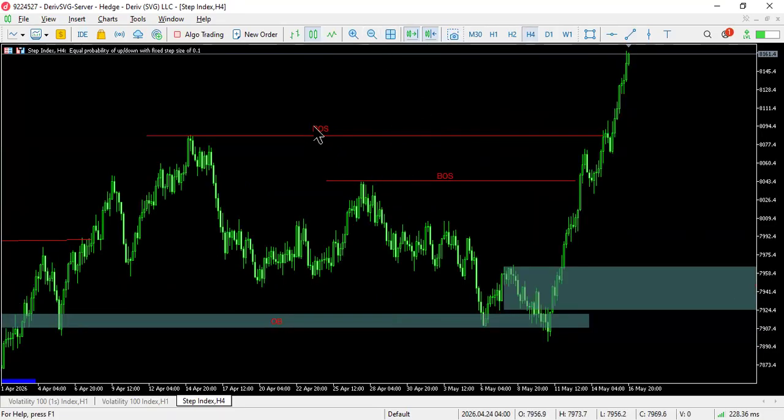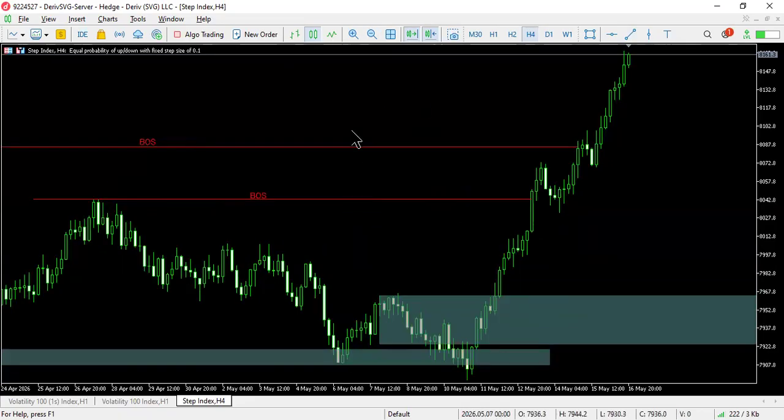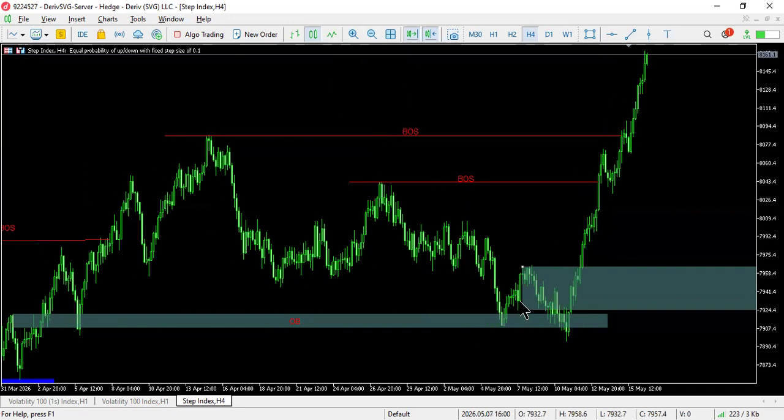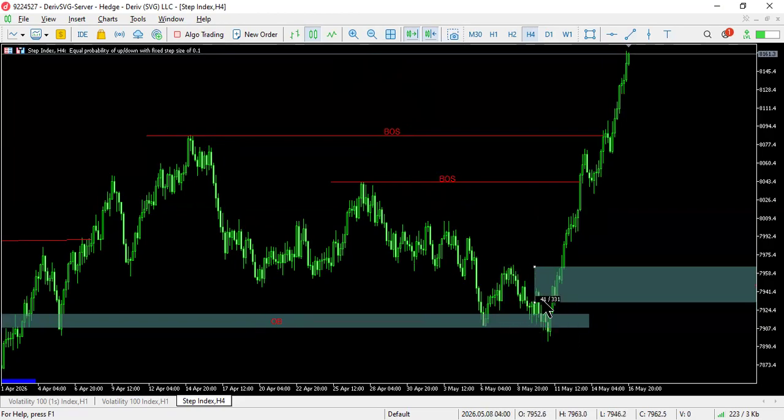From the 4 hours time frame, we have our general break of structure up there, and then we have this internal break of structure. Adjusting our order block to the 4-hour order block, it's going to be at this level.